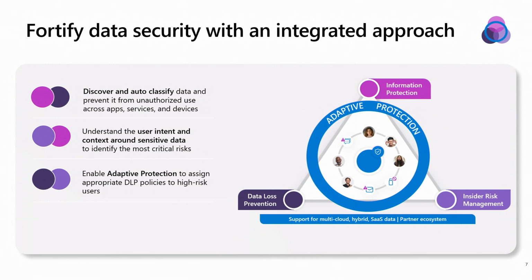The second aspect is the user, because data doesn't move itself. It's people who use and interact with the data. Insider Risk Management provides more than 100 indicators and machine learning models to help you detect those critical insider risks.